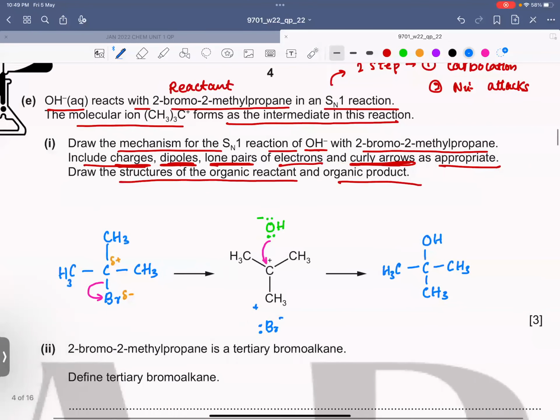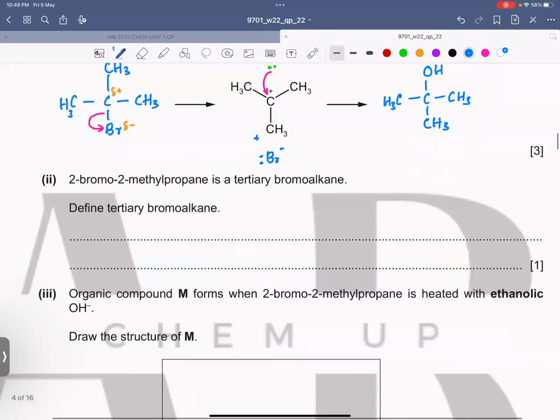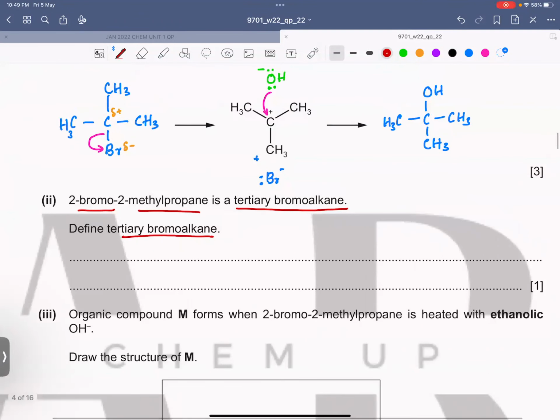Now, 2-bromo-2-methyl propane is a tertiary bromoalkane. Define tertiary bromoalkane. What I have told you, if you recall: the carbon which is bonded to a bromine, if already bonded to 3 more carbons, then it's a tertiary one. If it's bonded to 2 more carbons, then it's a secondary one. And if it's bonded to 1 carbon or all hydrogens, then it's a primary one.